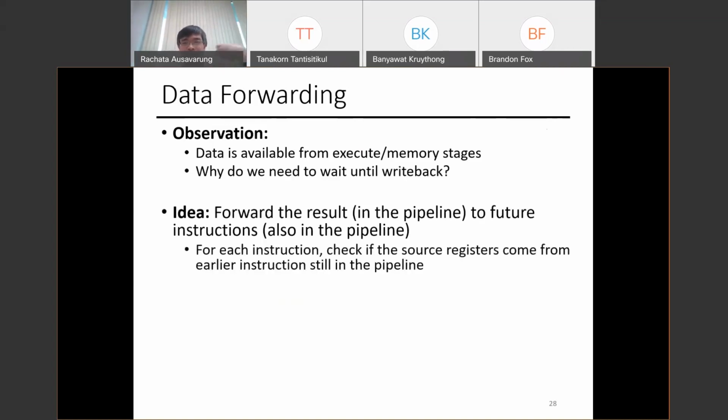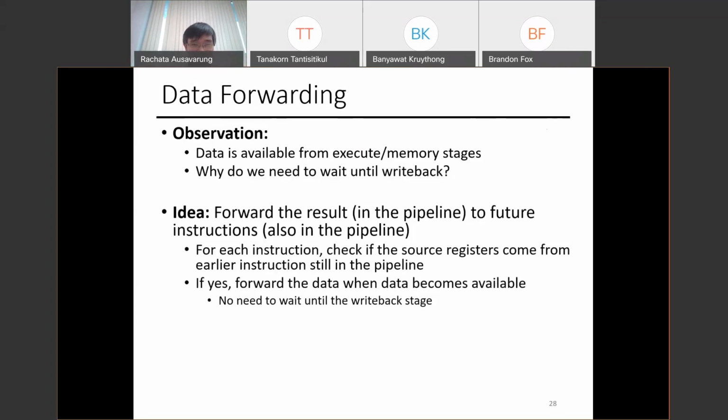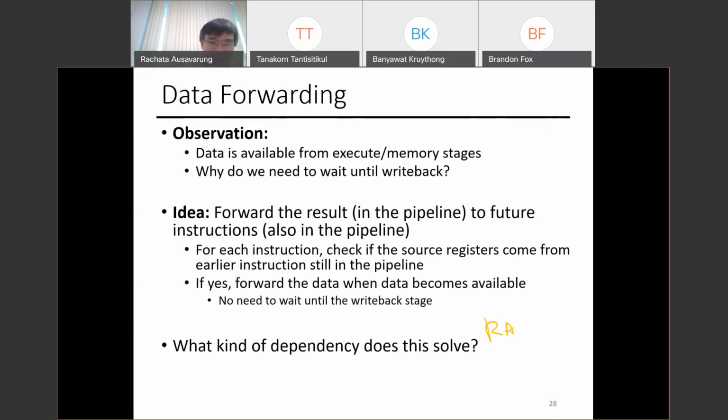Basically, for each instruction, we check the source register and figure out, can I forward the data? If yes, forward the data. This would solve read after write dependency. And the benefit is the CPU becomes faster.